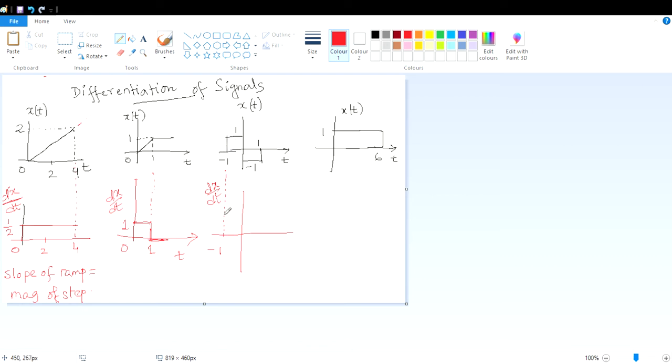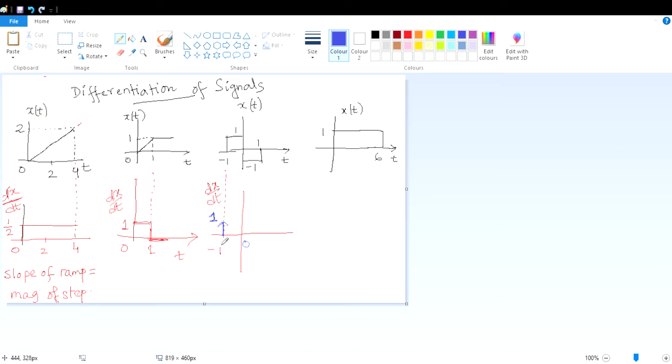So what is the value? The value of the impulse here is +1. So here it will be a +1. After differentiation, we will get an impulse of 1 weight, an impulse of unit weight here, and there will be nothing at these positions, because an impulse only exists at a certain point.